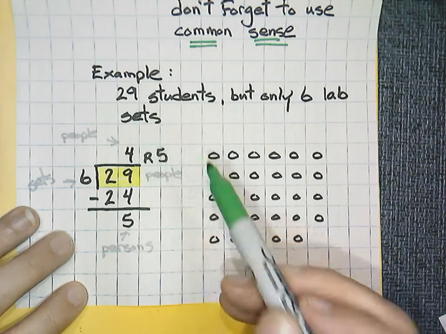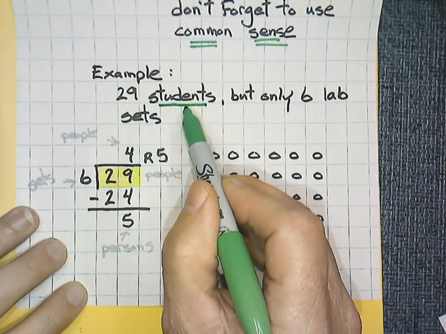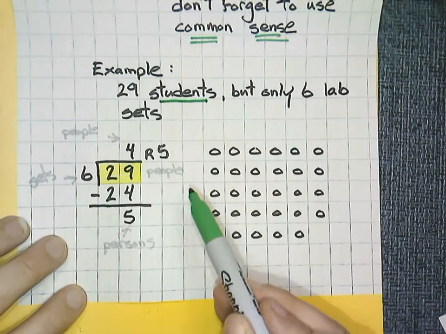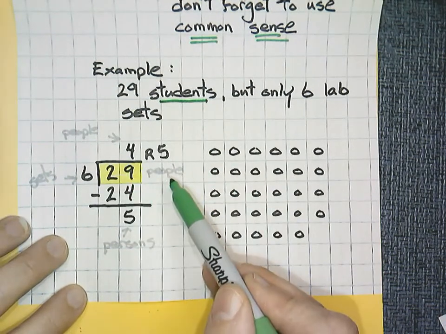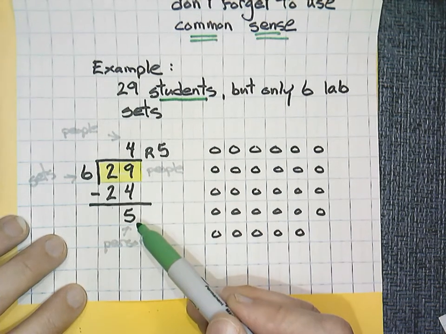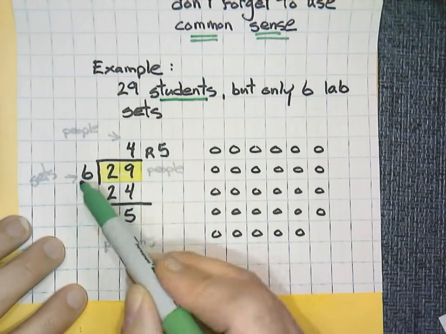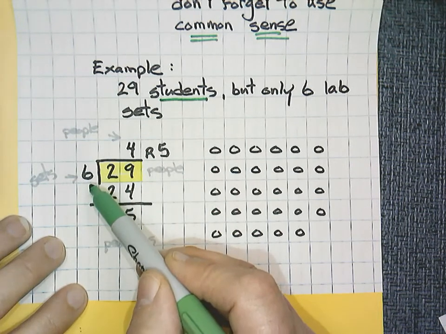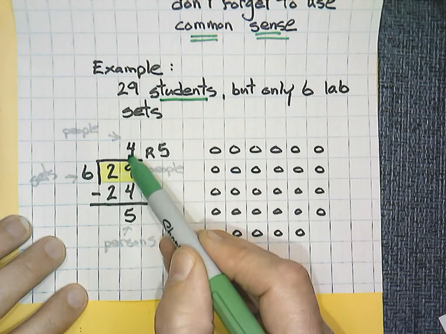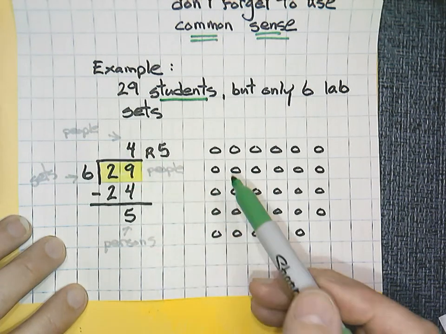But remember, in this case, the 29 is representing people, students. And I just put a note here that it's really 29 people. And when we have a remainder of 5, the 5 is representing 5 people. The 6 is representing our lab sets, but the 4 and the remainder 5 represents people. Now, why is that important?